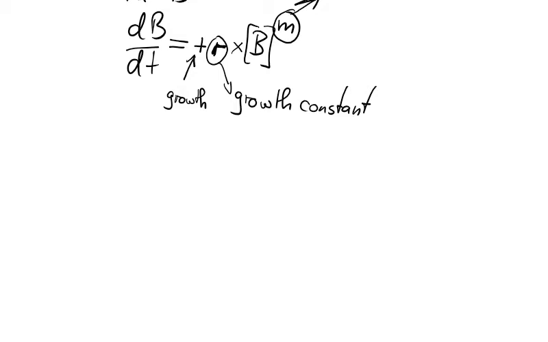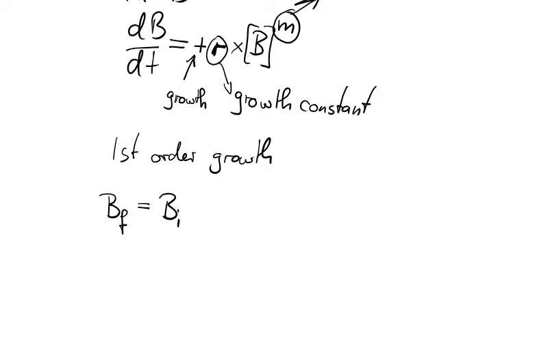And if we say, for example, for first order growth, we can say, well, our final rabbit population equals our initial rabbit population times e to the power of, and here's the only difference, plus r times t final minus t initial.